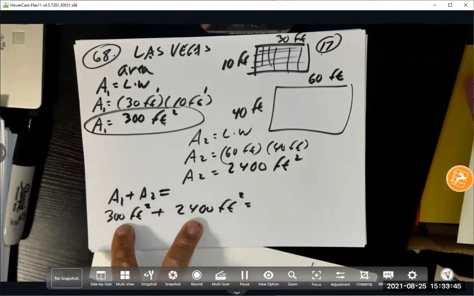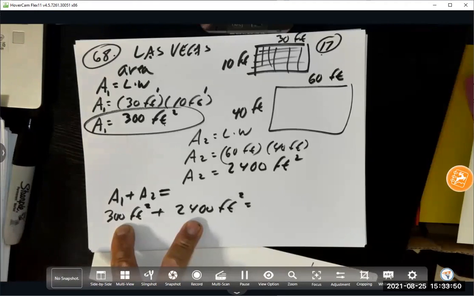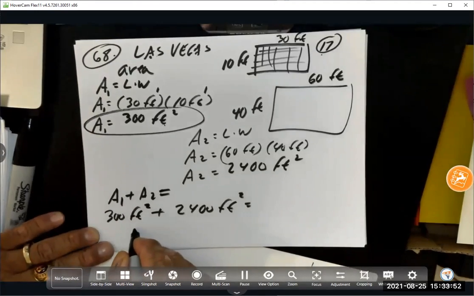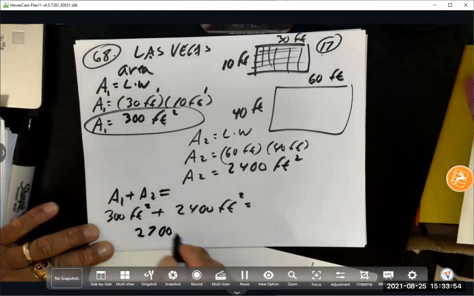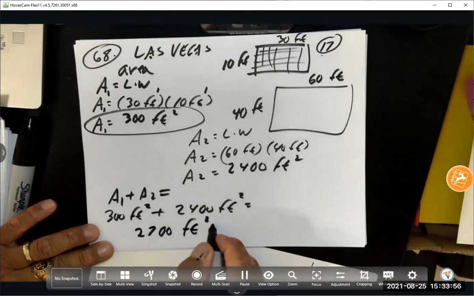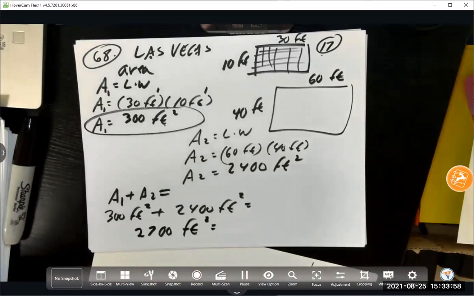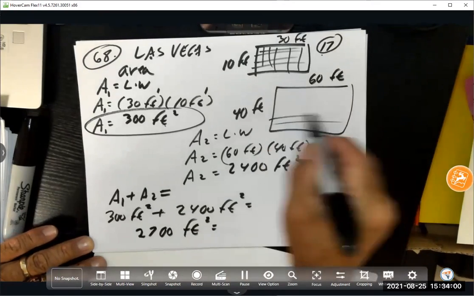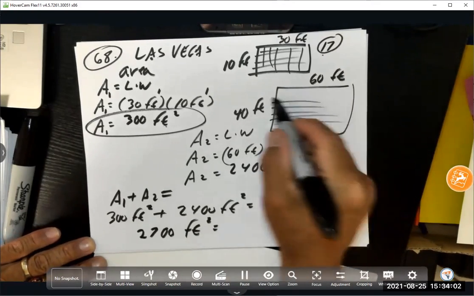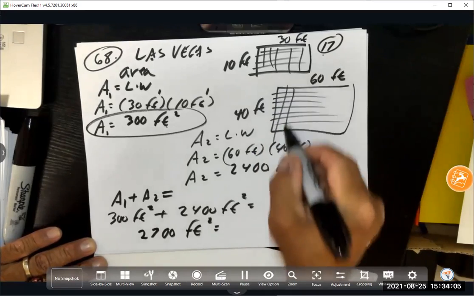What do you think the answer might be? 2,700 square feet. Somebody said 2,700 square feet. Yes or no? Because you're just adding how many little squares live in this box.